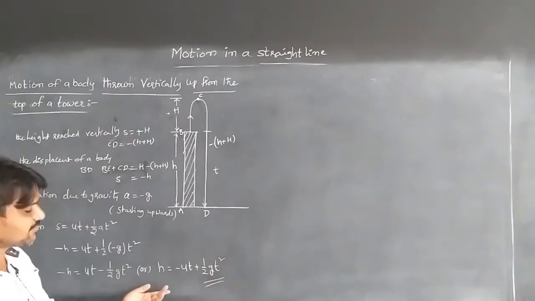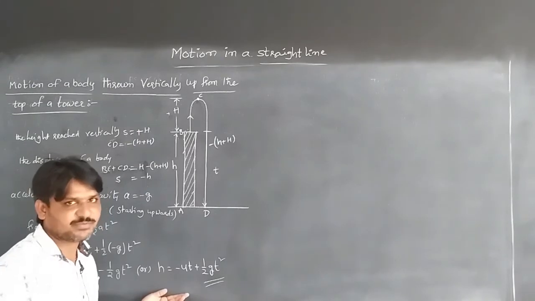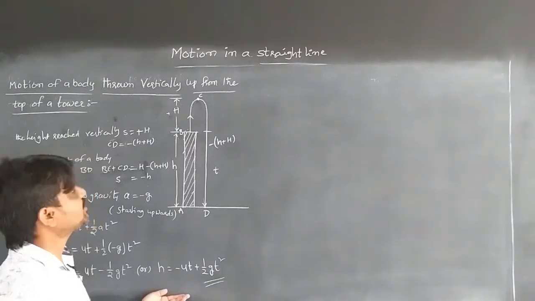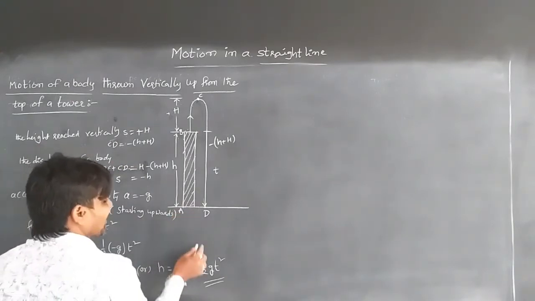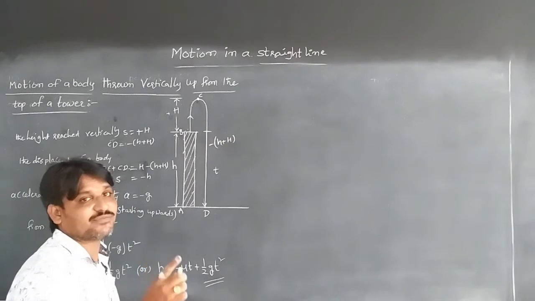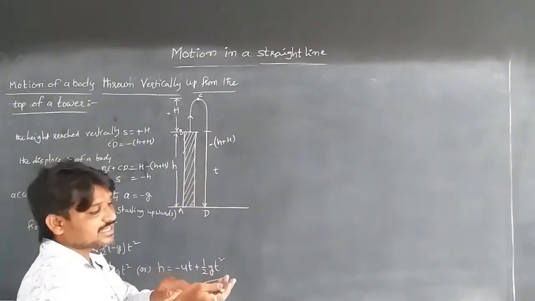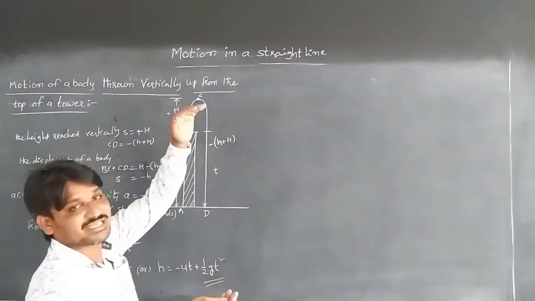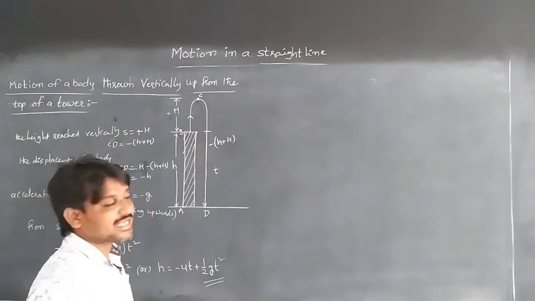This is the equation for the motion of a body projected vertically upwards from the top of a tower. The direction of projection is taken as positive, and the opposite direction negative.